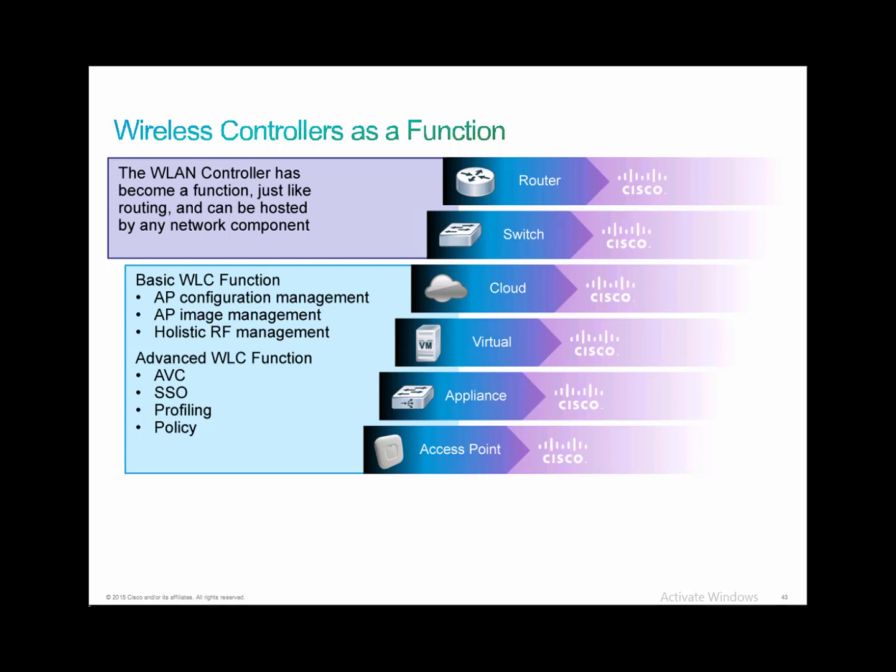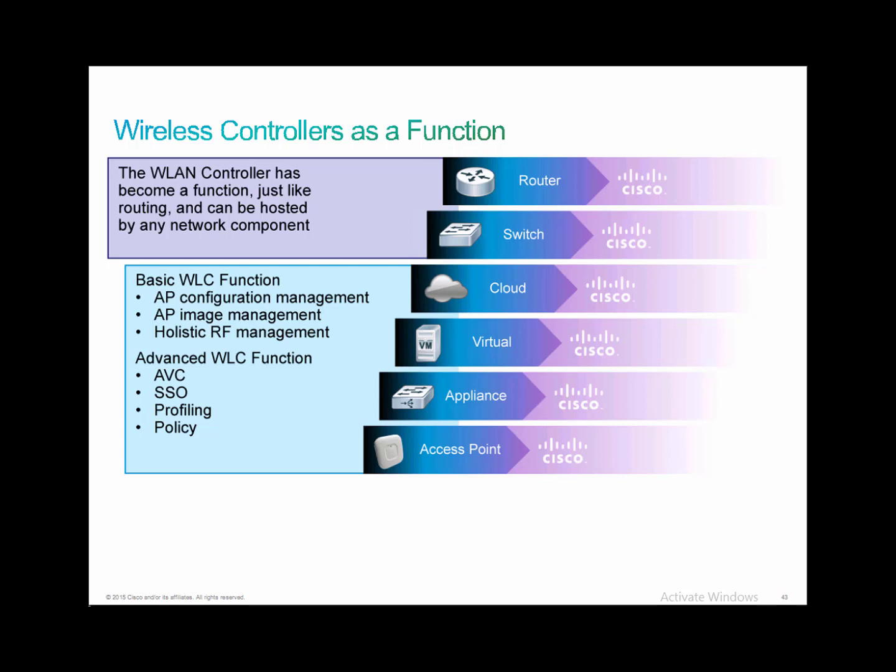There are some advanced features that the controller provides as well. AVC, that's like a visibility and control for applications, a security feature. SSO, single sign-on, profiling and policy classification. That can be done on a per user basis. Seamless roaming, if I'm moving from one wireless network to another, either roaming at layer 2 or roaming at layer 3.